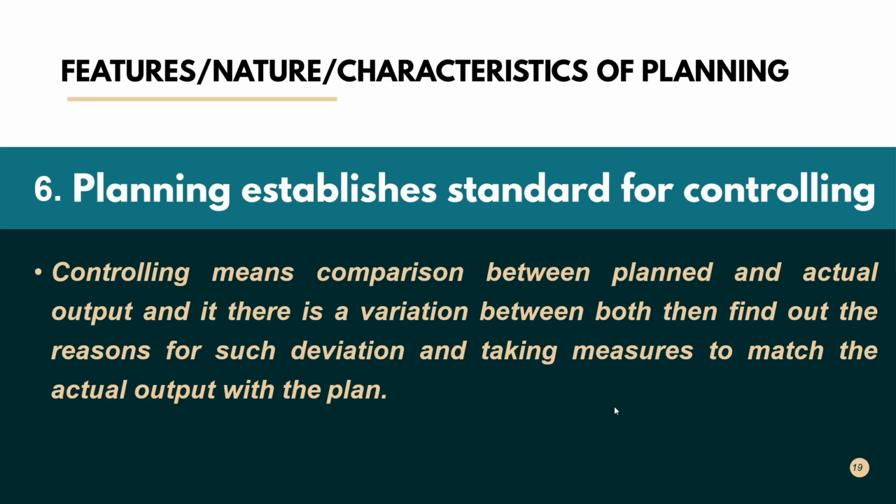So managers would need now to figure out why they fell short and take corrective action. And then maybe they will need to improve their production efficiency or fix some supply chain issue. So with that example, planning gives managers a benchmark to measure performance and make necessary adjustments or correction.